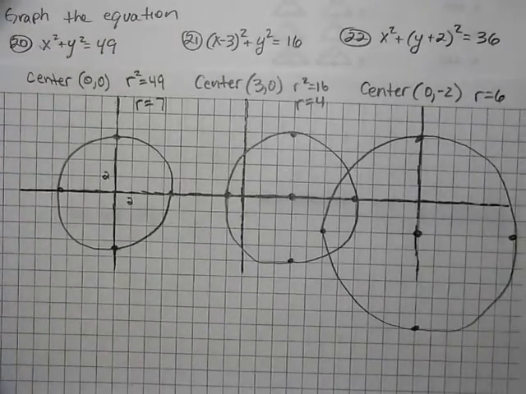So those are my different circles given the equation graphed on graph paper.